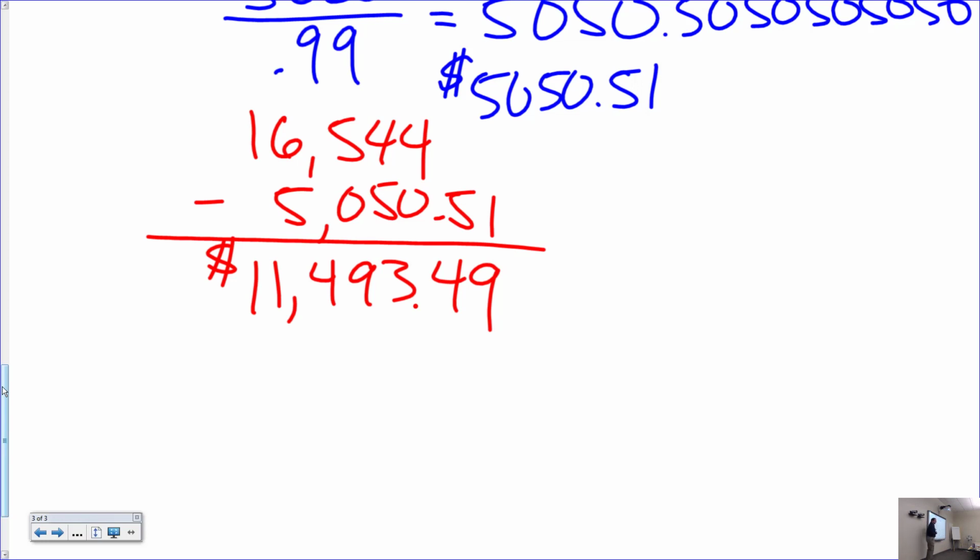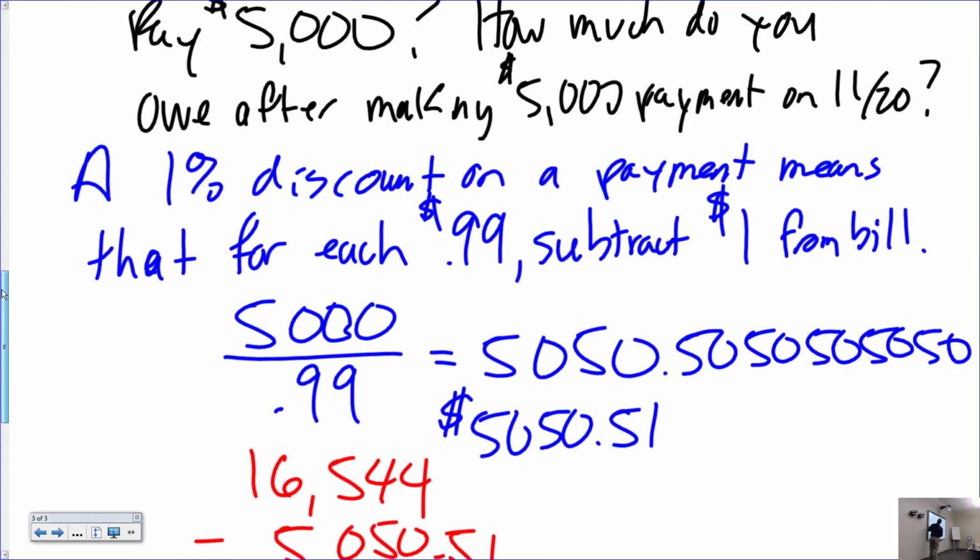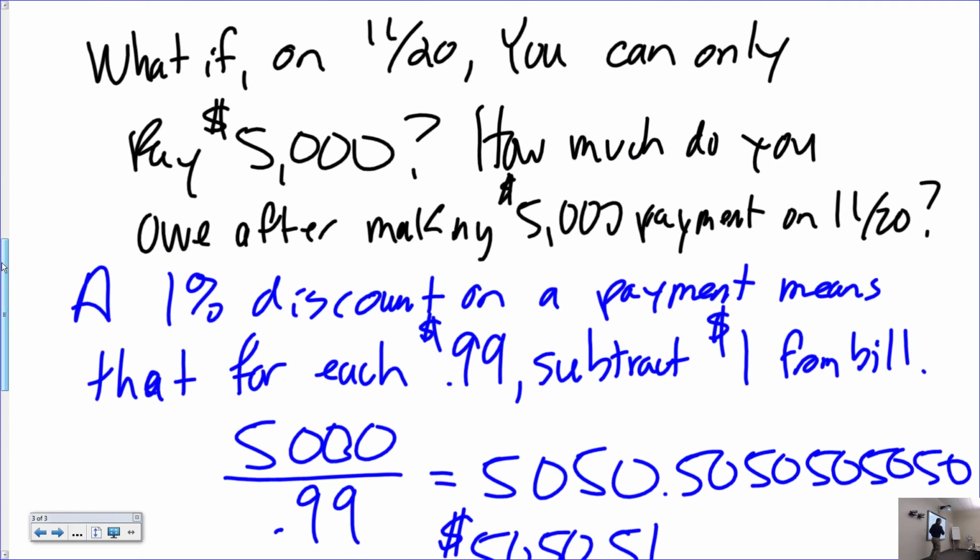Remember that technically our discount runs until December 7th. So even though we made this payment and used a 1% discount, the discount window is not closed after you made the payment. If you make another $5,000 payment, say a week later, on November 27th, would we get a 1% discount on that payment?